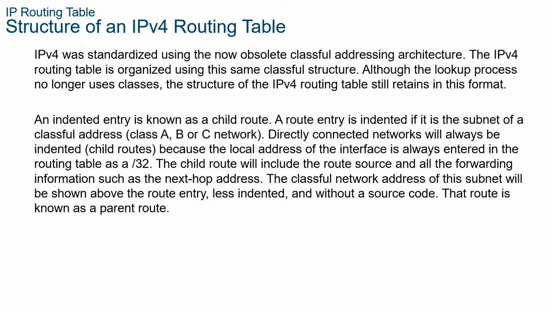In the show ip route output, notice that some route entries are left justified while others are indented. Okay, so this is based on how the routing process searches the IPv4 routing table for the longest match. So this was all because of classful addressing. So although the lookup process no longer uses classes, the structure of the IPv4 routing table still remains in this format.